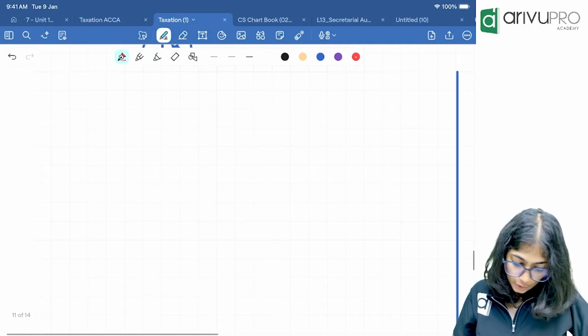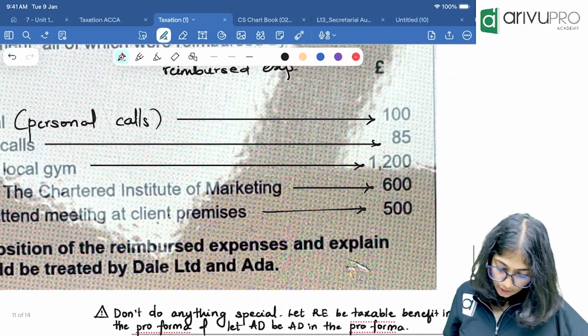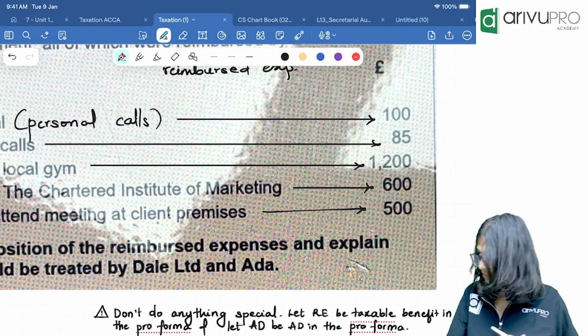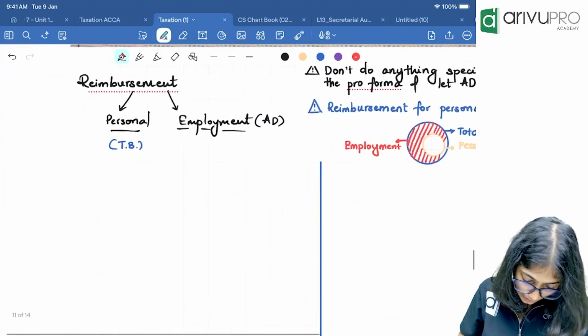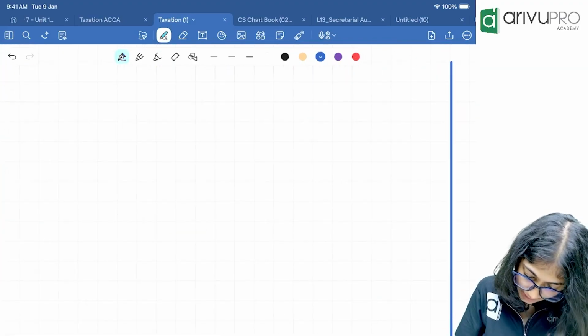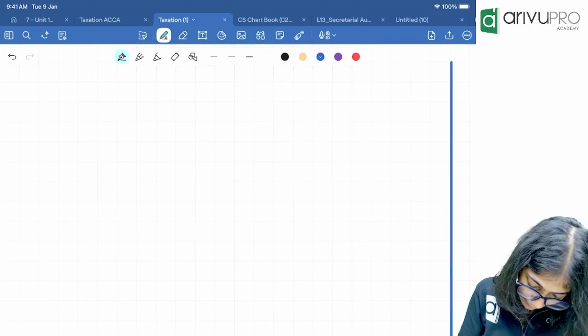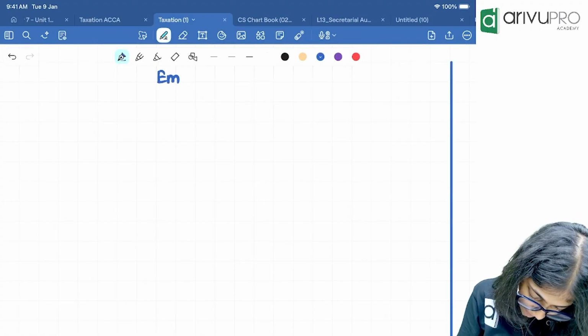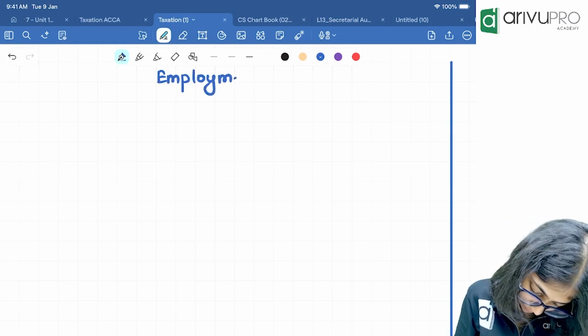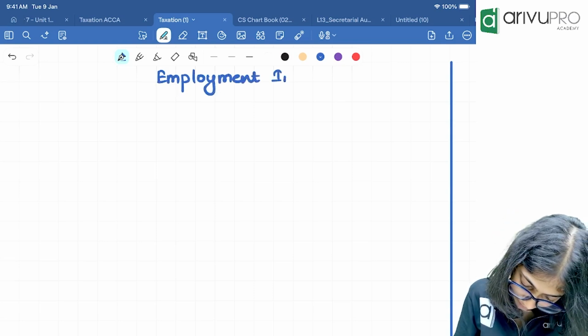Now let's look at the total amount. Okay, what is the total amount? 1200 plus 600 plus... I have a calculator open here. So that is the total amount of reimbursement. Let's create the pro forma. First of all, employment income.